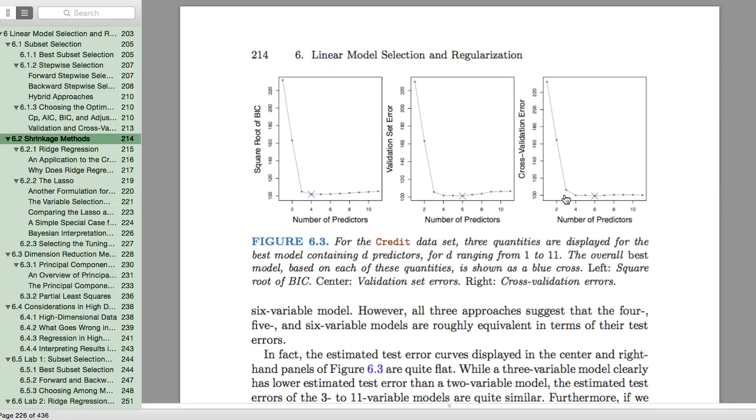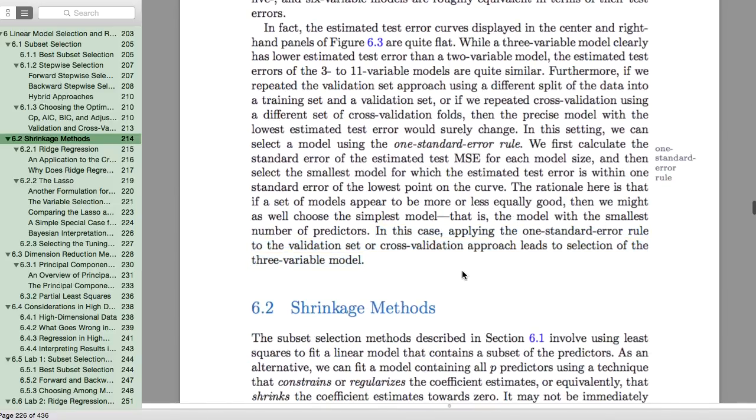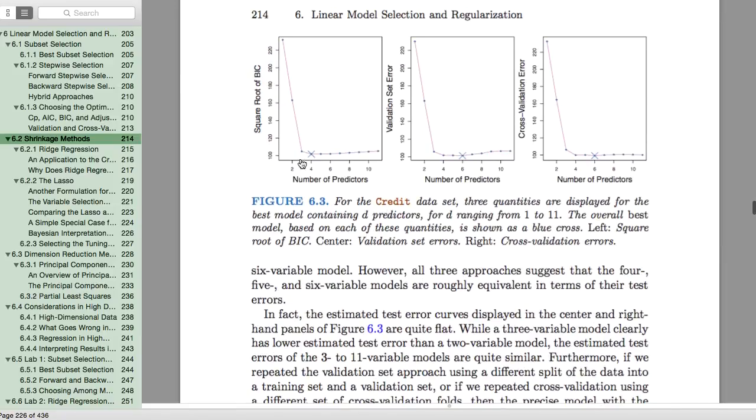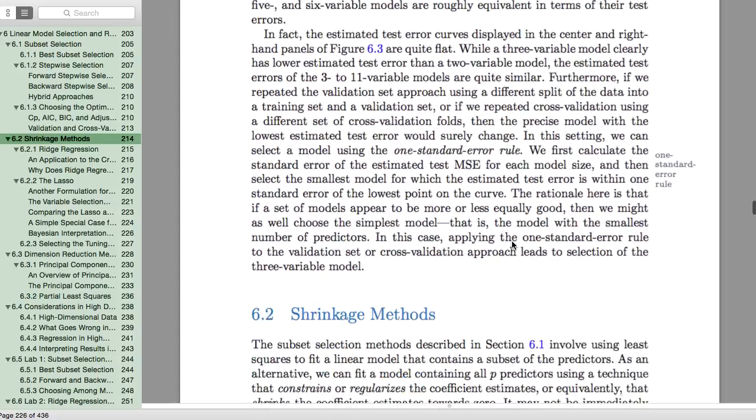So the idea that we prize parsimony or simplicity as a virtue is what leads us to choose the three predictor model. And the one standard error rule tells us how much worse it can be before we stop preferring simplicity, how far up we have to go for any of these criteria before simplicity ceases to be an important factor.